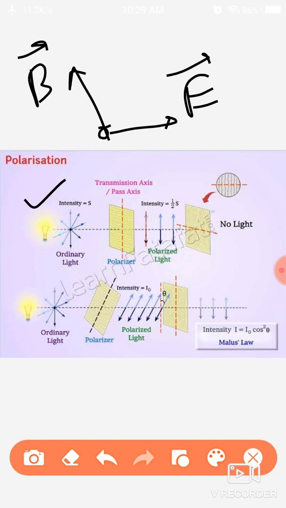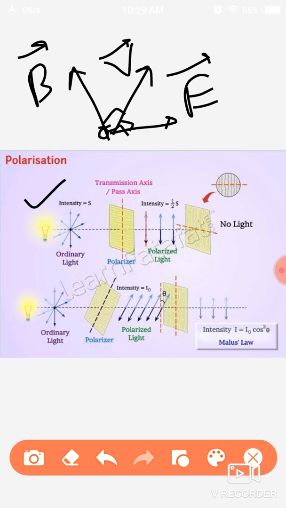The electromagnetic wave travels perpendicular to both of these vectors. So this is the direction of motion of the electromagnetic wave.